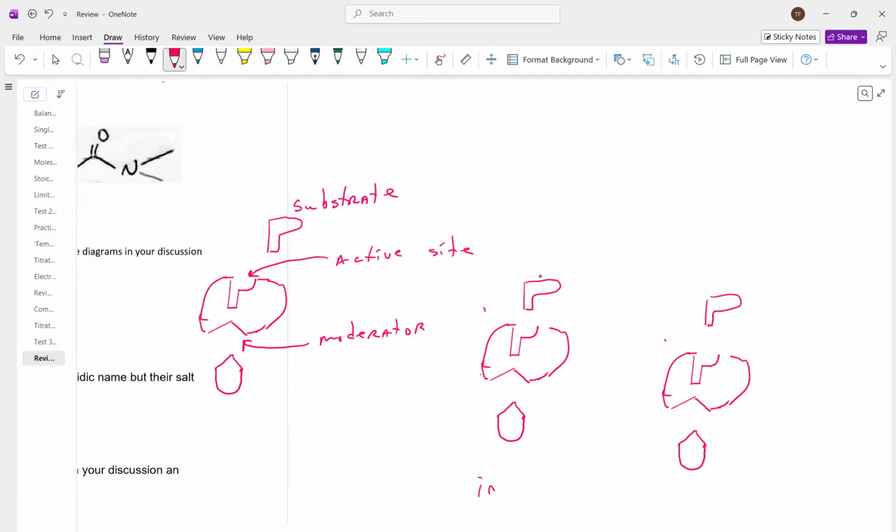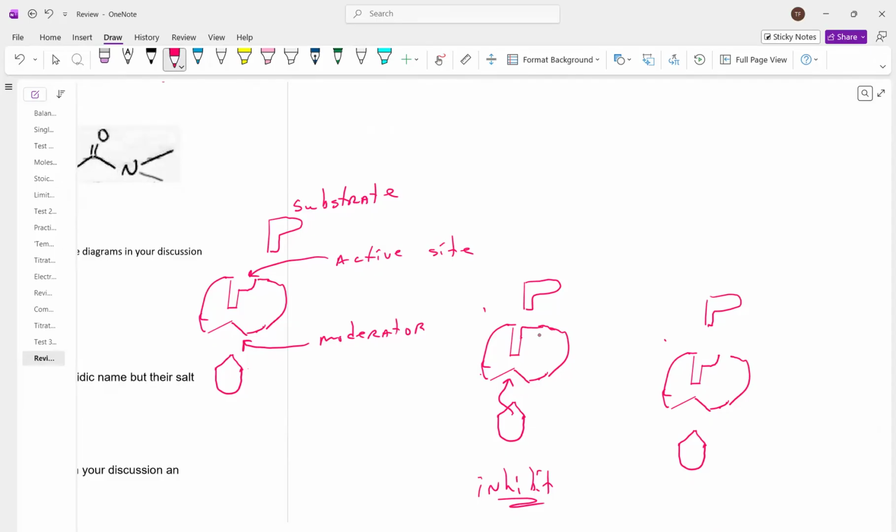Okay, so when it inhibits, the shape of the active site changes. So instead of looking like this, it's going to be different. So let's change it. So it will no longer fit.